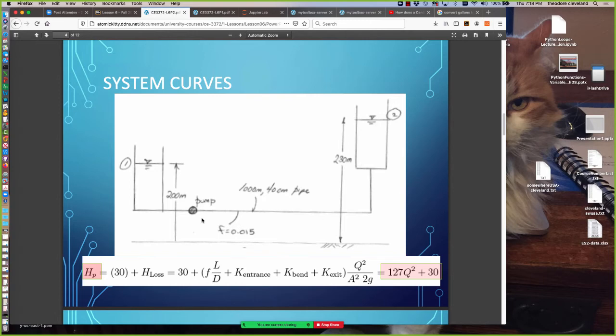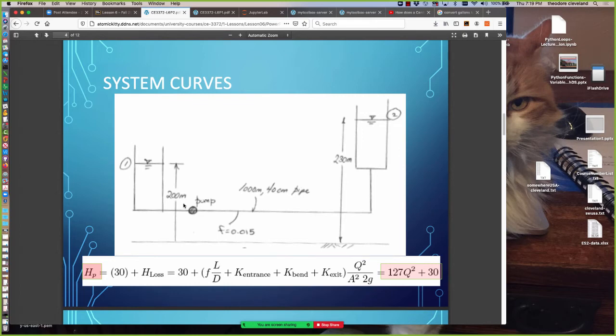They're connected through this 1,000 meter long, 40 centimeter diameter pipe, which has a known friction factor of 0.015, and there's a pump in the system. If these were just two reservoirs connected with pipes, the water would flow from reservoir 2 to reservoir 1. So the only way to make it flow from reservoir 1 to reservoir 2 is to add energy, and we do that with a pump.